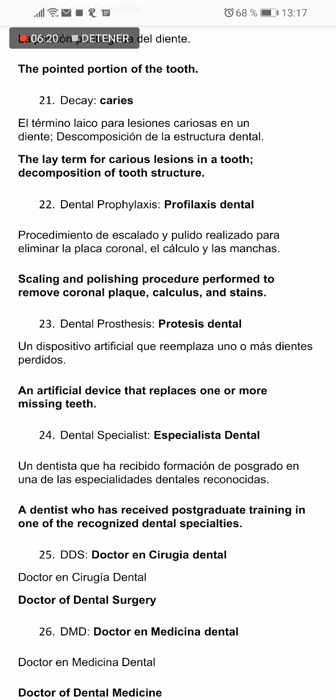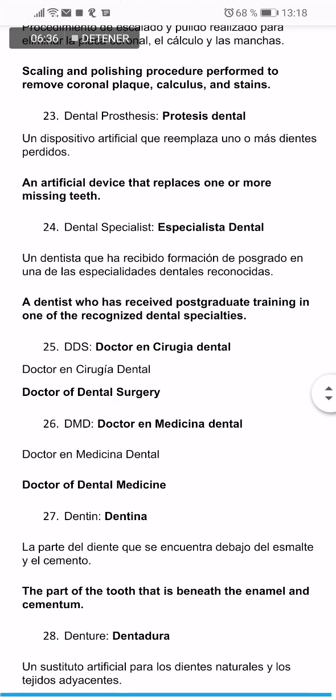Dental prophylaxis, profilaxis dental: scaling and polishing procedure performed to remove coronal plaque, calculus, and stains. Dental prosthesis: an artificial device that replaces one or more missing teeth.